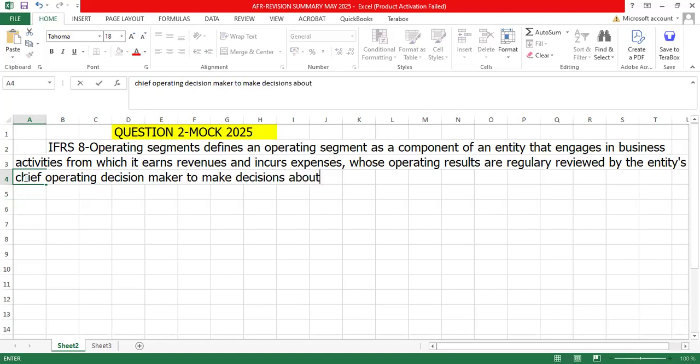That is number 2. That component of an entity whose operating results are regularly reviewed by the entity's chief operating decision maker to make decisions about resources to be allocated to the segment.